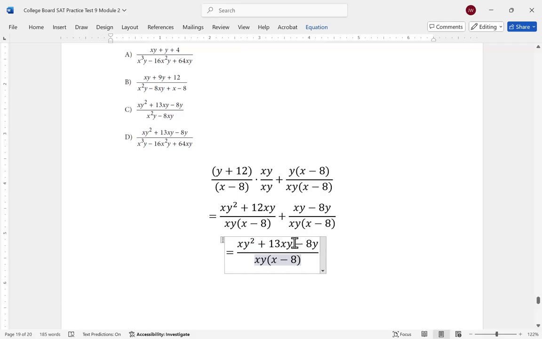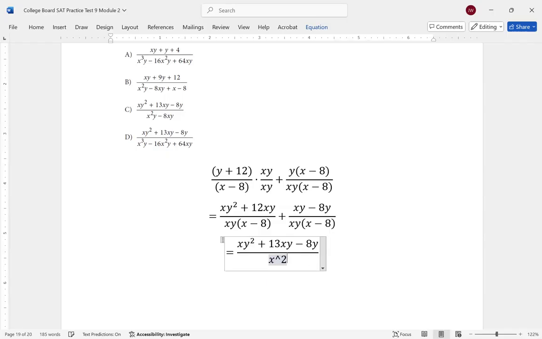So that gives me this expression as a single fraction. Now you'll notice in all of my options, the denominators have been multiplied out. So I'm going to go ahead and multiply out this denominator as well. xy times x is x squared y. xy times minus 8 is minus 8xy.